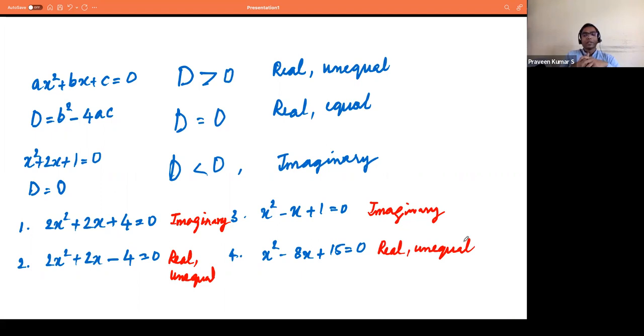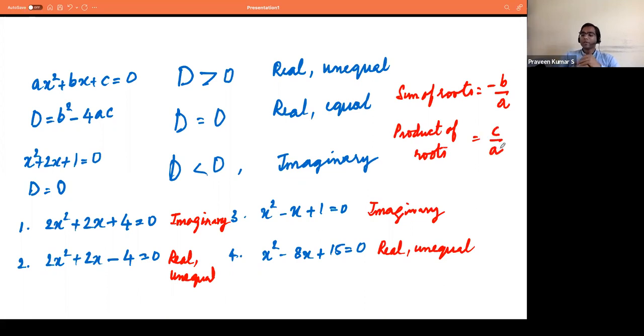Now, another interesting property is that when you have ax square plus bx plus c is equal to 0, the sum of the roots will always be equal to minus b by a, and the product of roots will always be equal to c by a.